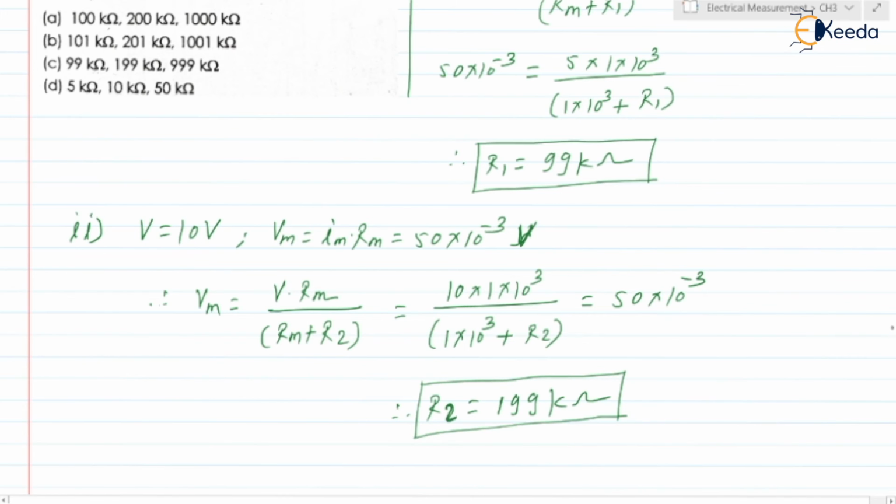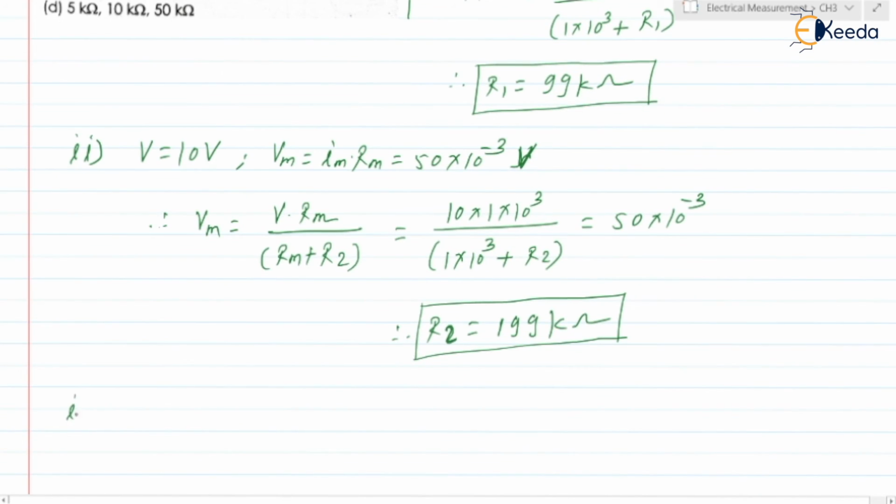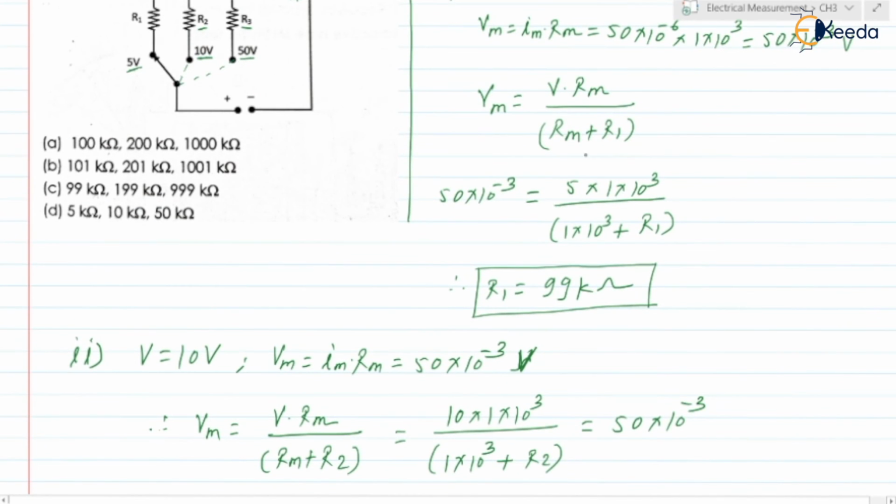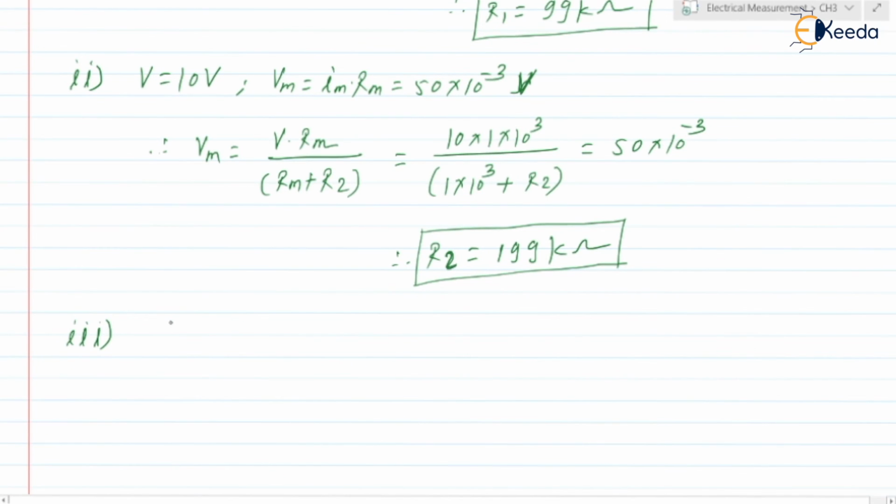Next, for the third case, V is equal to 50 volt. Vm is equal to Im into Rm, which is 50 into 10 to the power minus 3 volt.